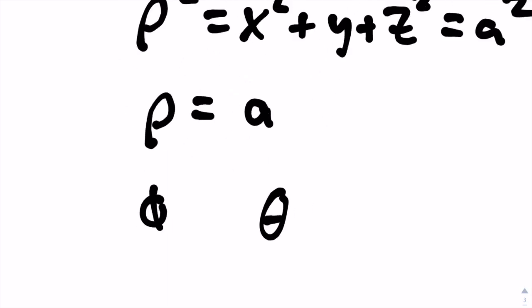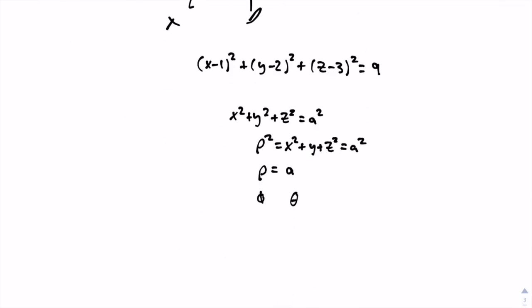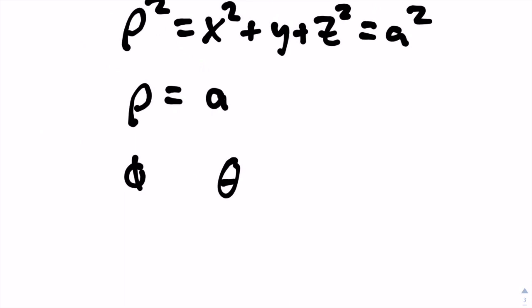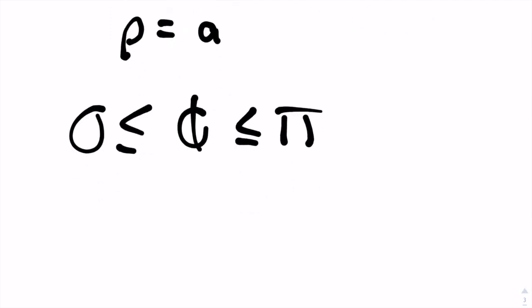And much like our sphere up here for number 4, this is going to be a full sphere, no hemisphere, no quarter of a sphere, and we can say thus that phi goes from 0 to pi, and theta goes from 0 to 2 pi.